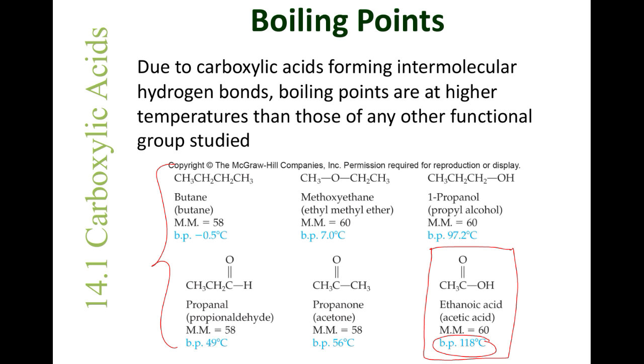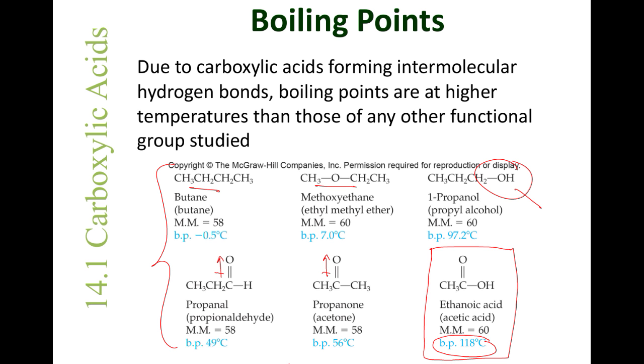So of course butane only has London forces. Methoxyethane, an ether, has a dipole force. The aldehyde and the ketone, yes, they have a dipole, but the dipole is very strong, so those are going to have higher boiling points than the ether. And then you have the alcohol, which can participate in hydrogen bonding.